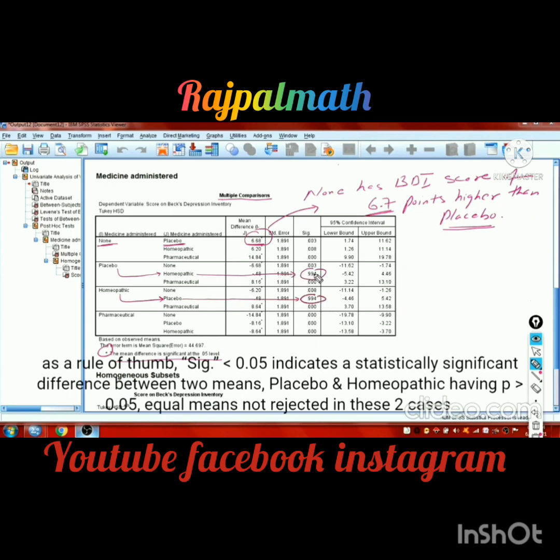In these two cases, equal means are not rejected. So these are the results of the ANOVA test, as the p-value is greater than 0.05.